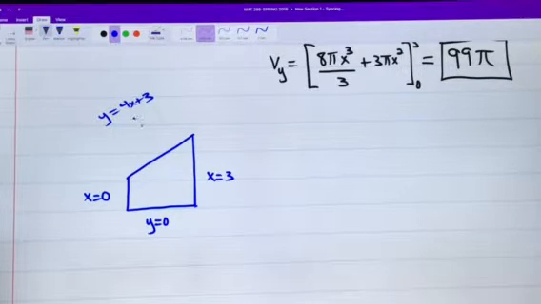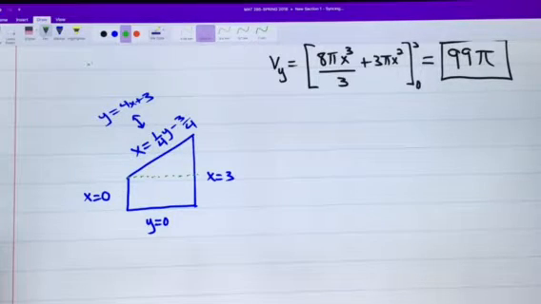Now if I were to take this and integrate with respect to the y variable, I would end up with x equal to 1/4 of y minus 3/4.